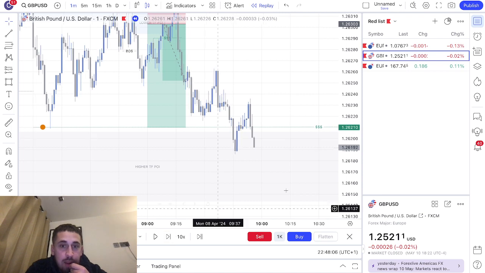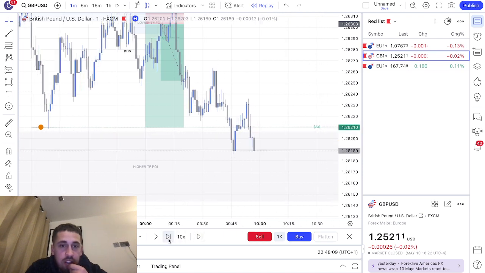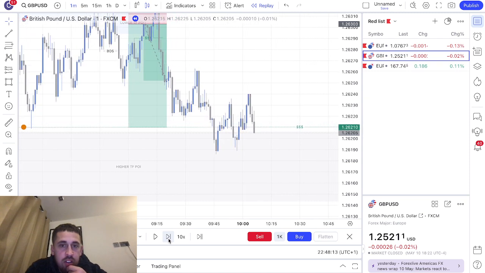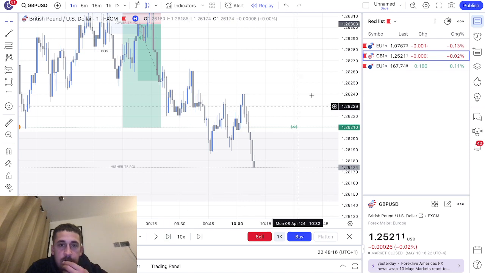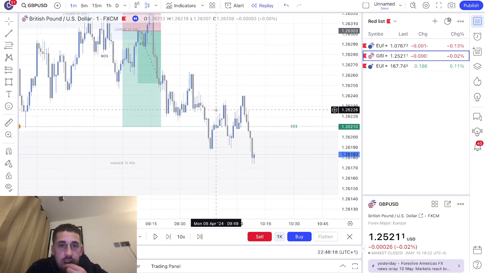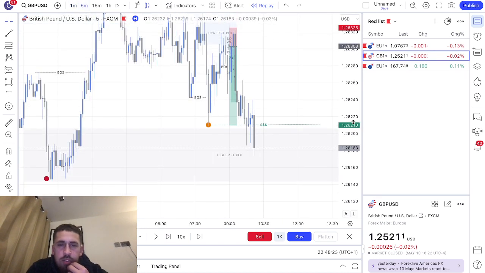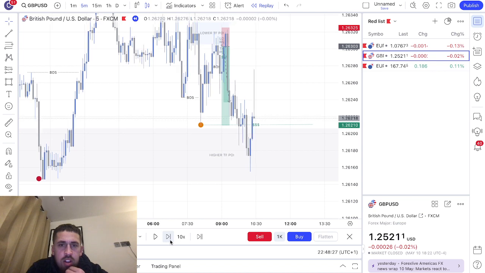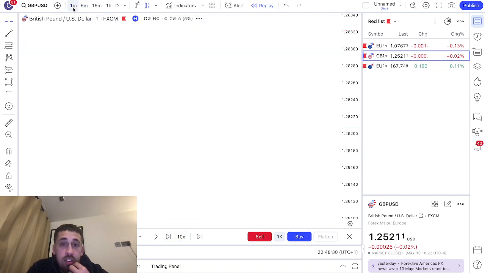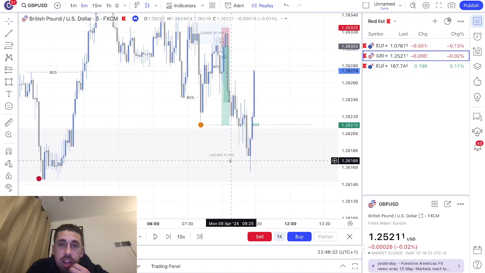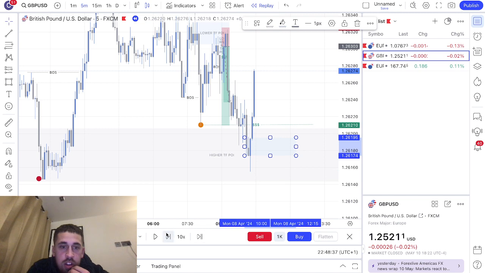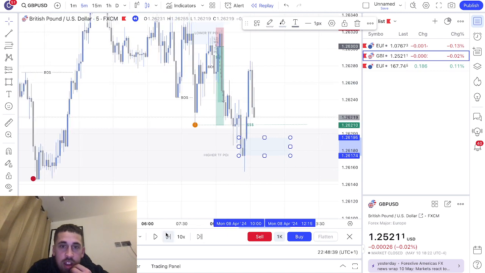And I want to see clear breaks as well. Like, that's not okay. That's not good enough. See? That was not a break of structure. So maybe we need to wait for the 5-minute break of structure. Yeah. Let's see. Okay, and then we mark out that as a 5-minute POI, is that right? But is that too late?